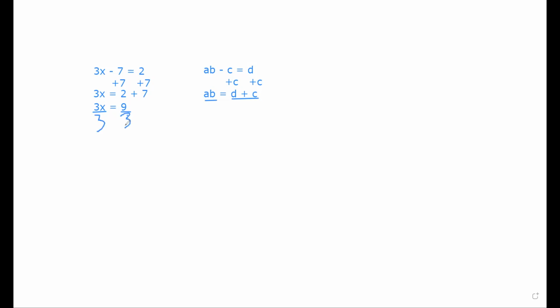So where we've got mostly numbers now, I just divide by 3. On the right, I'm going to divide by A because the A's will cancel. 3's will cancel on that side. X equals 3. On the right now, B equals D plus C divided by A.